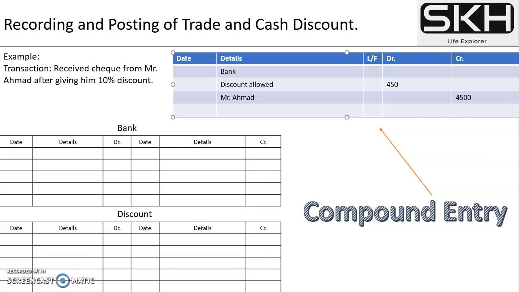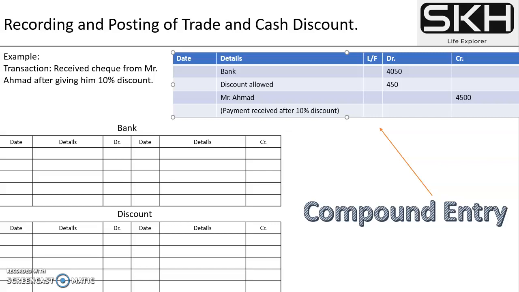So how much money are we receiving from Mr. Ahmad? 4,050. This is the money we are receiving, and we have given him a discount of 450. So here we can write the narration: payment received after 10% discount. You can write the narration the way you think can express your entry.